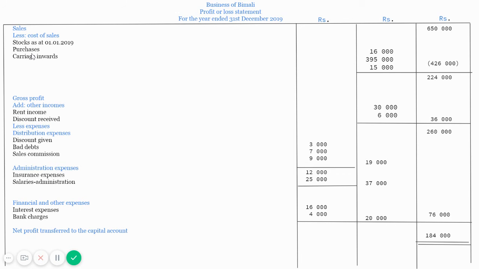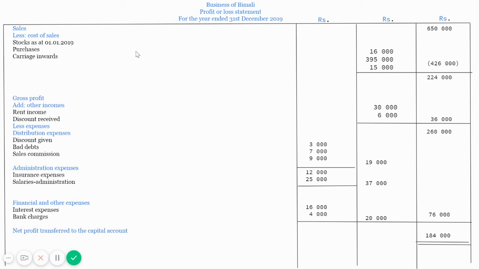A debit balance of 395,000 will also come to the second column. Then carriage inwards, a debit balance. We know it's an expense which goes along with the purchases and is very difficult to differentiate from the purchases. So that will also be considered when we are calculating cost of sales, and it will be listed under purchases as 15,000.